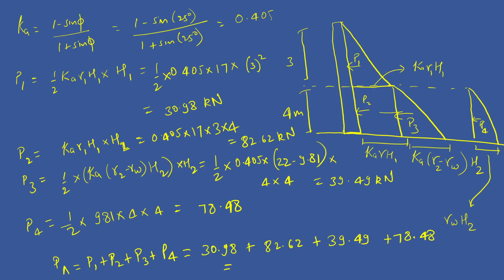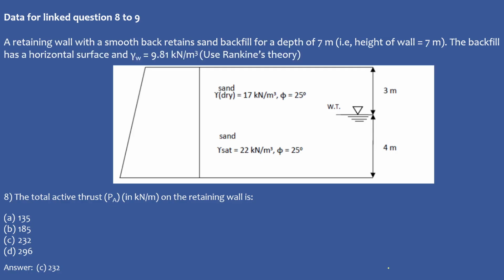So 30.98 plus 82.62 plus 39.49 plus 78.48, the answer I'm getting is 231.57 kilonewton, so basically 232 kilonewton. So the correct option is C, 232 kilonewton.